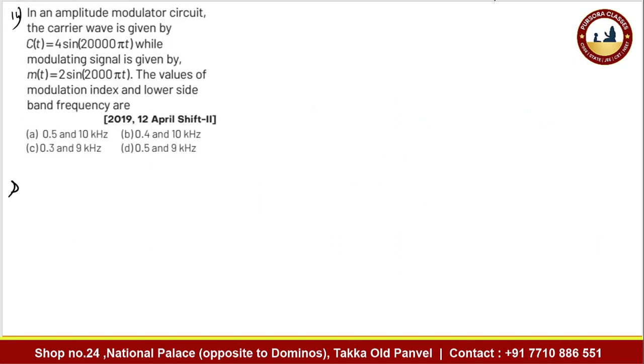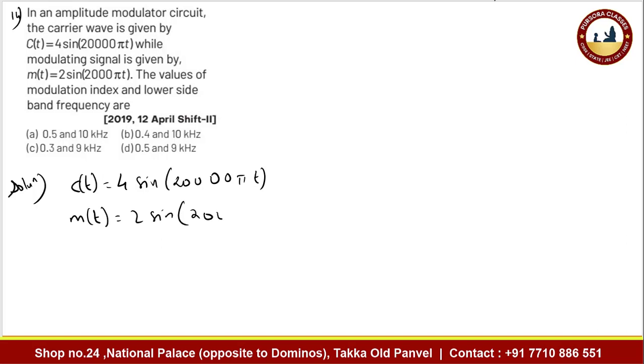Okay, students, in the next numerical, in an amplitude modulator circuit, the carrier wave is given by 4 sine 20,000 pi t, and the modulating signal is given by 2 sine 2000 pi t. The value of modulation index and frequency of lower sideband will be how much?